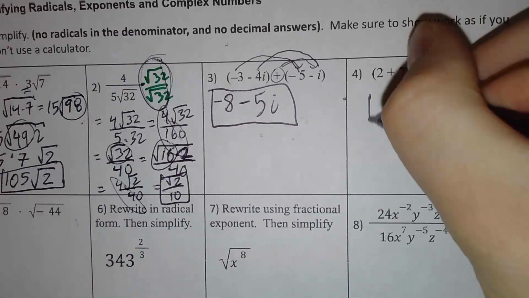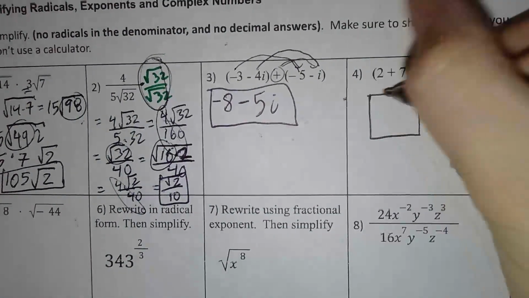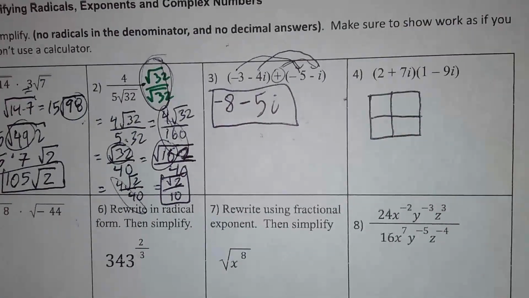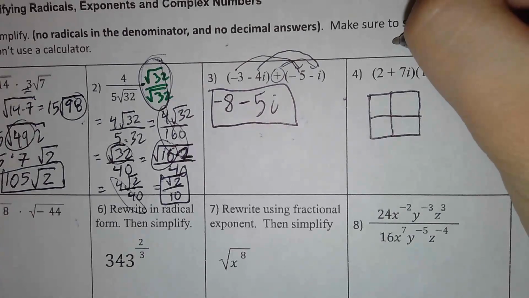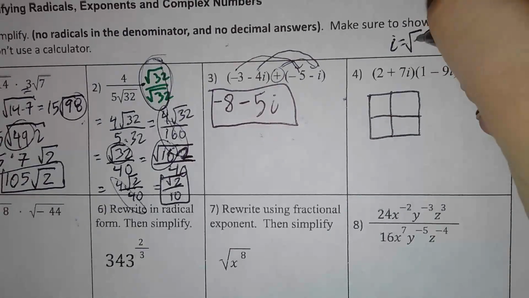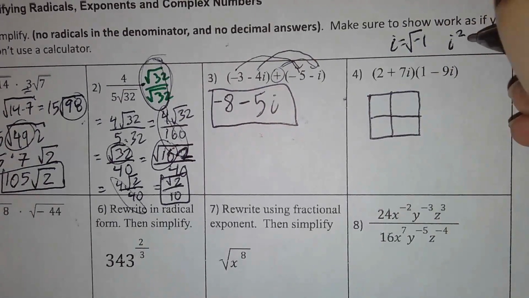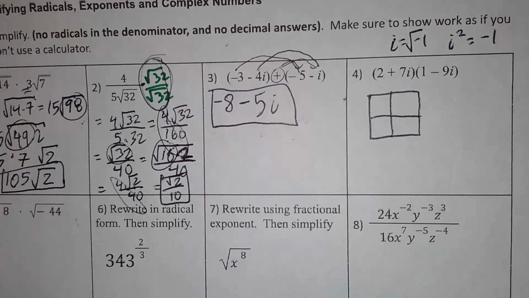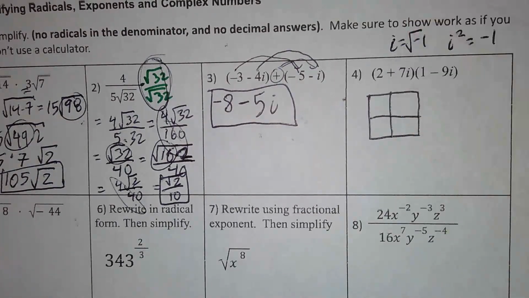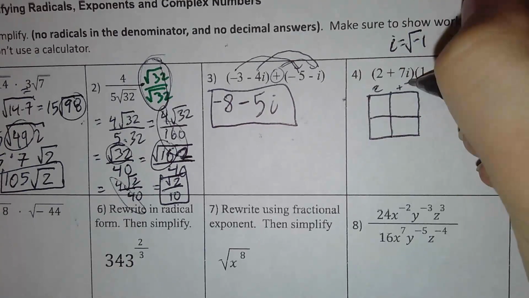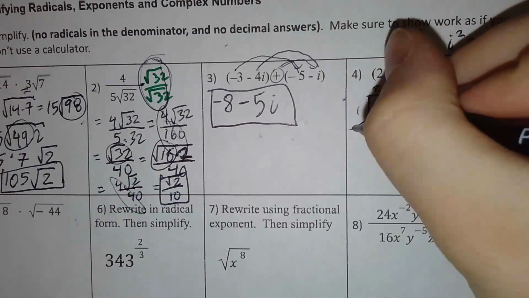Okay, this next one is going to be dealing with imaginary numbers as well. Remember, for imaginary numbers, there's only 2 rules. i is the square root of -1, and i squared is -1. So for this one, we're going to use an area model to multiply 2 plus 7i and 1 minus 9i.